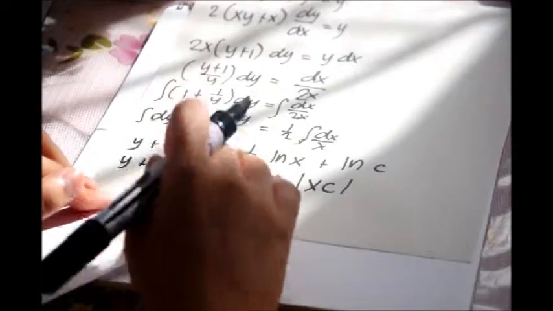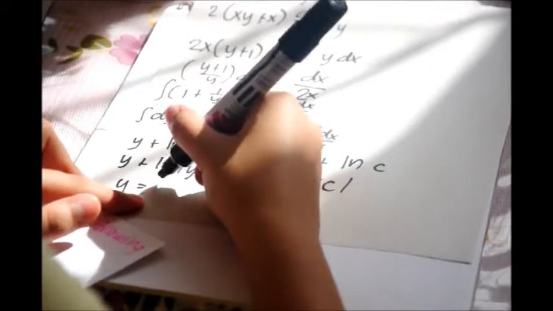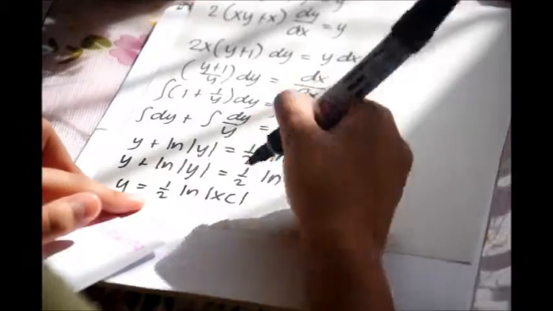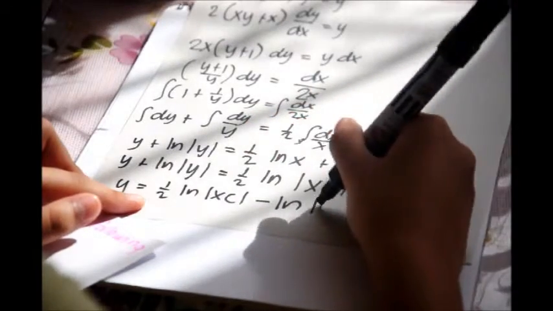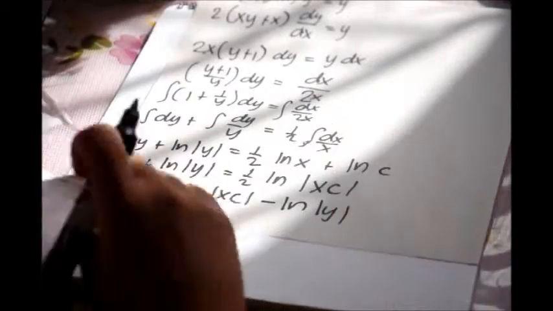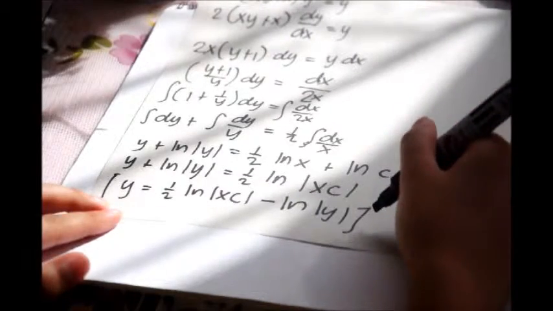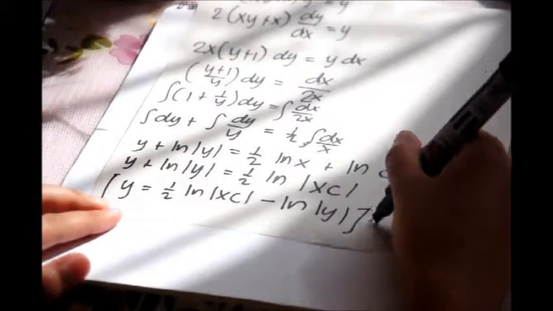Now let's transfer all the ln's to the right side. So it becomes y is equal to 1/2 ln xc minus ln of y. Now let's eliminate the 1/2 by multiplying the whole equation by 2.